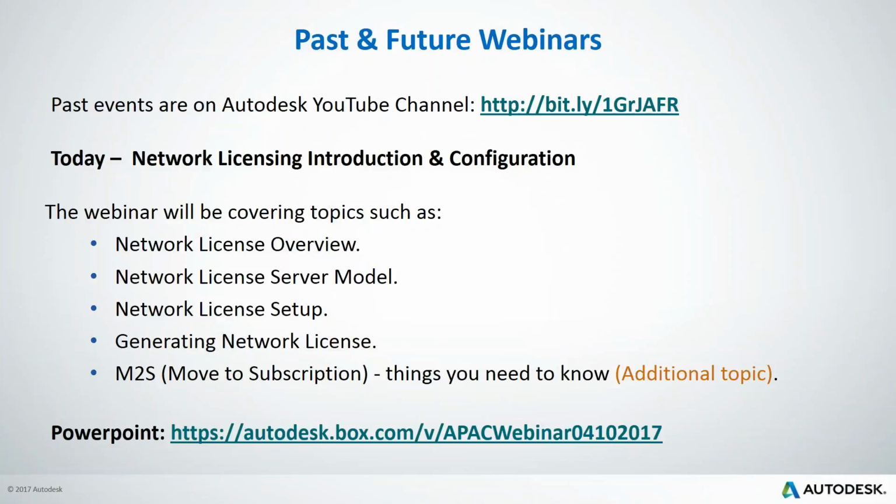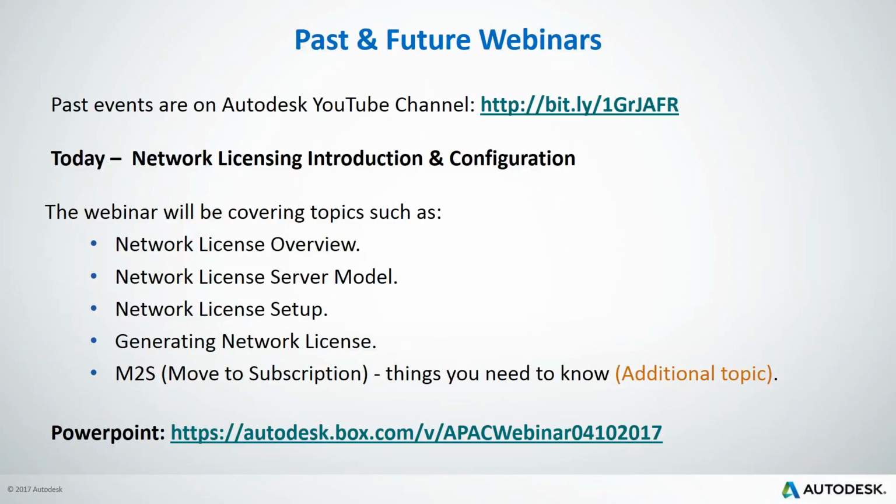If you happen to miss our previous webinar sessions, you can find the recording on YouTube under the Build Your Up and Ready Knowledge playlist. In today's webinar, we'll be covering the topic of network license introduction and configurations. We'll be sharing knowledge on network license overview, the types of license server models, and network license setup.